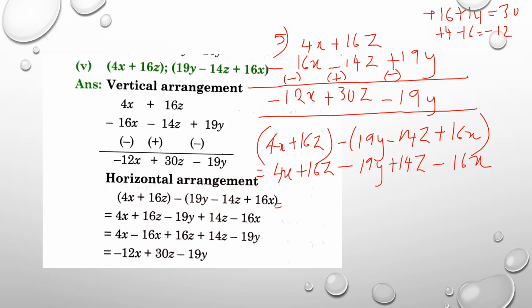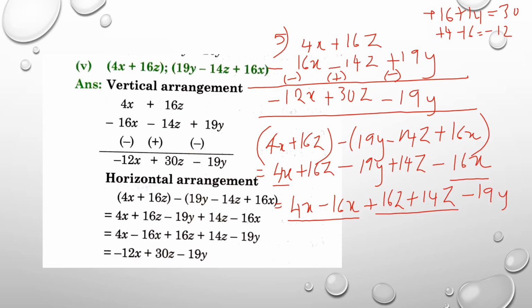Okay, now 4x. Now see here, 4x and here 16x you have to take together. So 4x minus 16x you have to take together, plus 16z plus 14z you have to take together, and minus 19y you have to keep it separately. Okay.